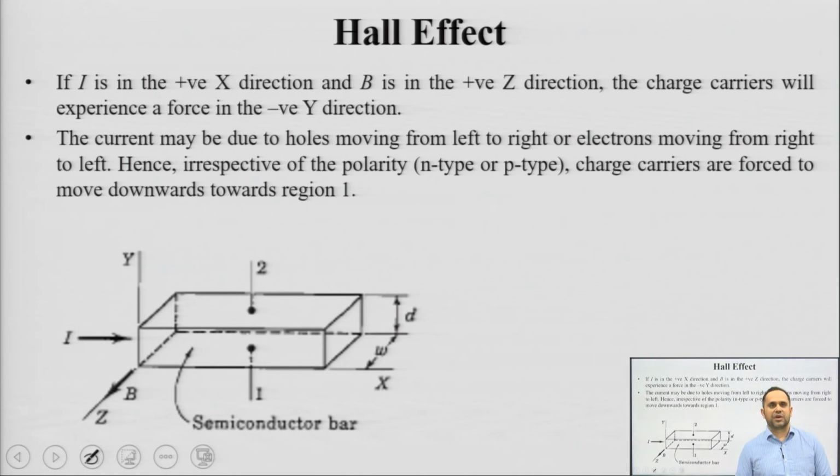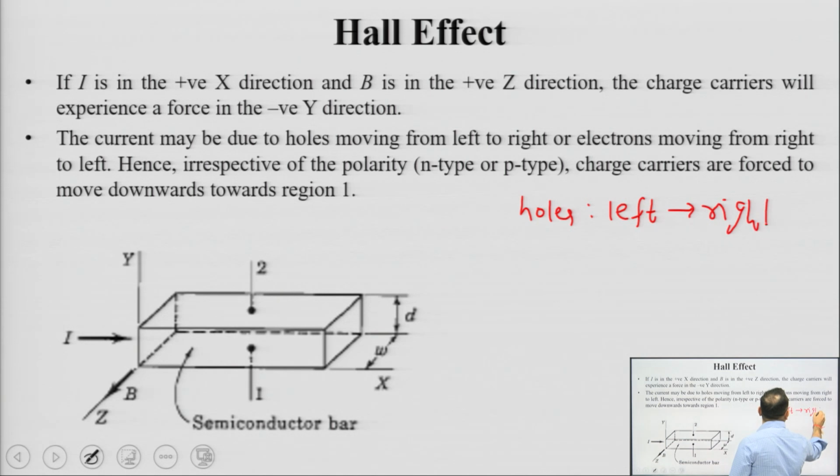This we already know from the doping concepts and from previous subjects which you may have studied. If the current is due to holes moving from left to right, the direction of the hole current will also be the same. So, this will be the direction.